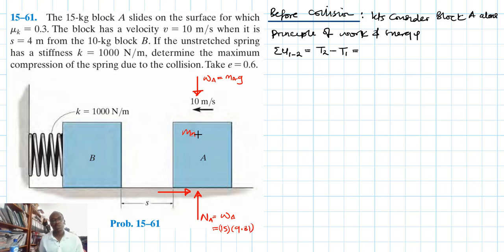Here MA is just equal to 15 kg, and then MB is equal to 10 kg, right? And then this is our FK, friction force, which is just equal to mu K NA. This is just equal to 0.3 by 15 by 9.81, and this s is equal to 4.